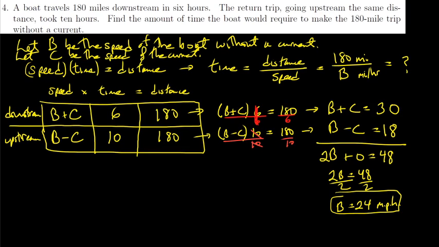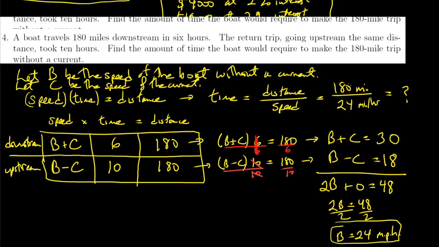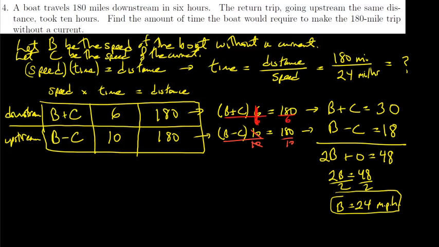Okay. So now to answer the original question, remember we're looking for the time, 180 divided by B. I'm just going to erase the B, and now we know what B is, right? B is 24. So 180 divided by 24, just put that in my calculator, and I get 7.5 miles per hour.